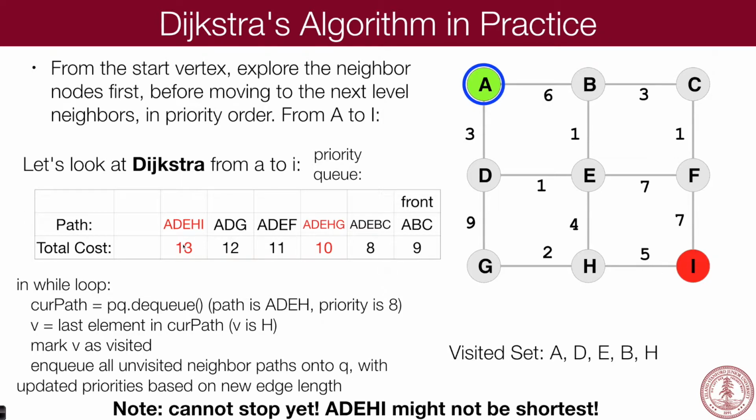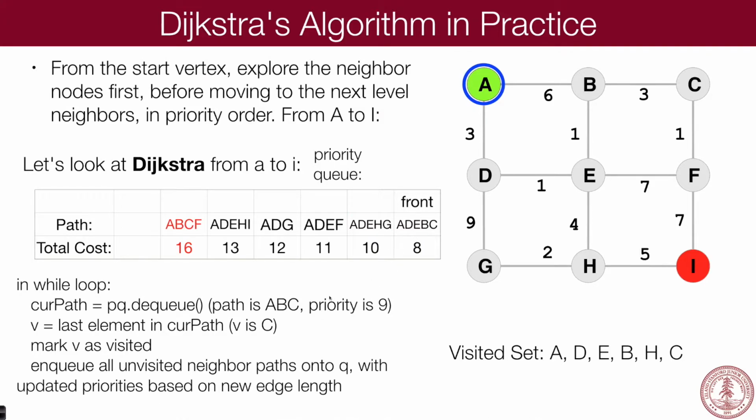It may become the shortest path, it may not, but we have some other things to deal with before we get there. All right, so then ABC comes out next, and that's got a priority of 9, and therefore we put ABCF in there, and that goes in like that. And that's the only one we can put in.